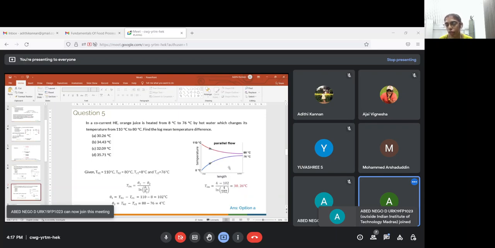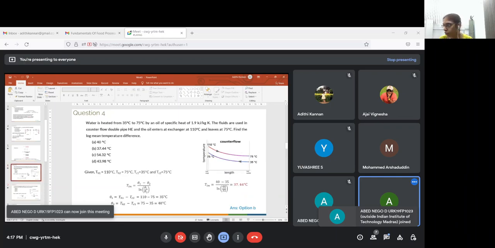Q is equal to UA into delta T, so if delta T decreases, your Q will also decrease. In a parallel flow, initially you have a very good delta T, so you will have very good heat transfer. But by the time it reaches the end of the heat exchanger, there is very little delta T, so heat exchange becomes much more difficult toward the end.